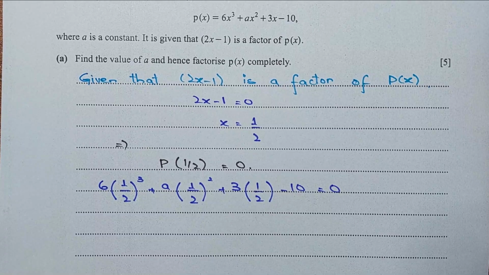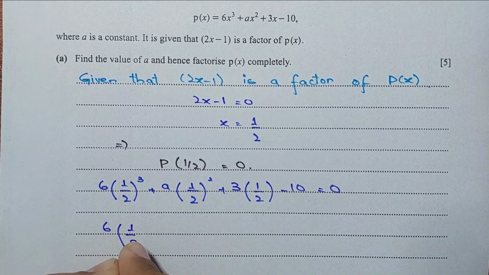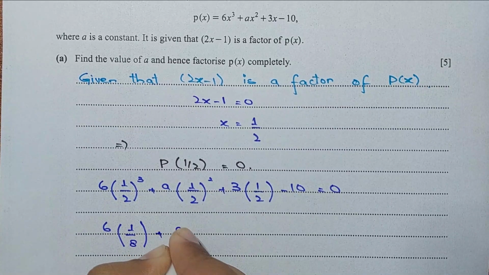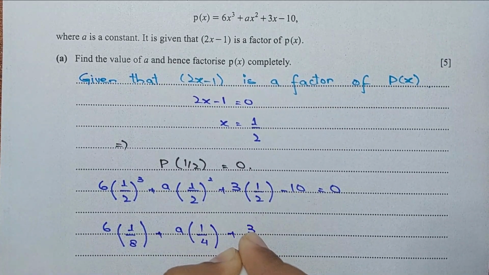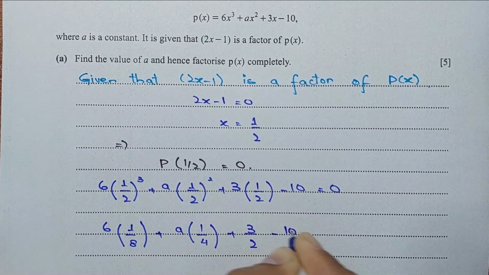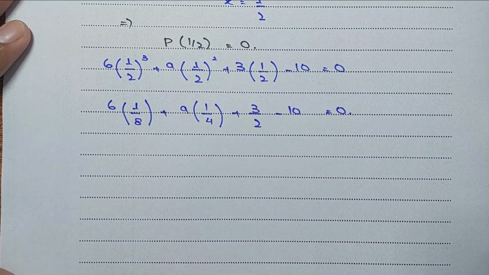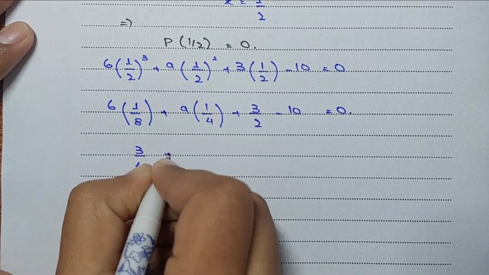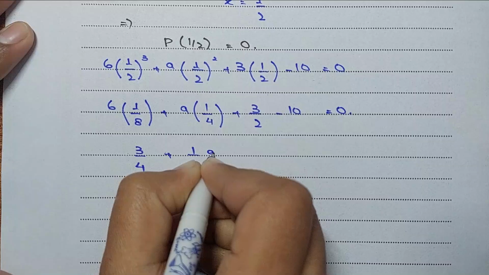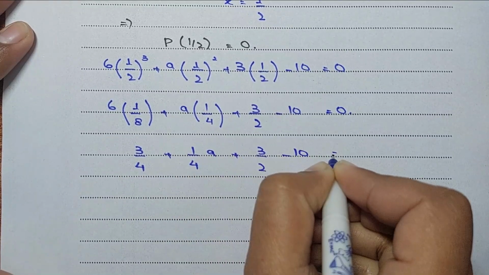Okay, so 1 by 2 cube is 1 over 8, and 1 square is 1, 2 square is 4, plus 3 by 2 minus 10 equals 0. Now 6 by 8 we can simplify: 2 times 3 is 6, 2 times 4 is 8, so 3 by 4, plus 1 by 4 is the coefficient of a, plus 3 by 2 and minus 10 equals 0.